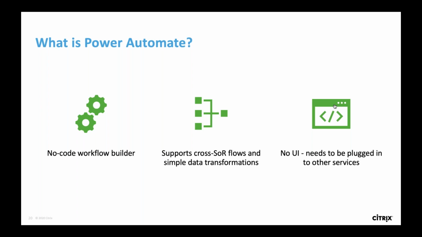Power Automate has support for cross-system of record flows, so you can tie together all your different system of records to push data from Excel to Outlook to Teams or whatever it is you want to do. And it also supports data transformations and simple logic. So you can chop and change data as you need to fit into the different systems as they require it.